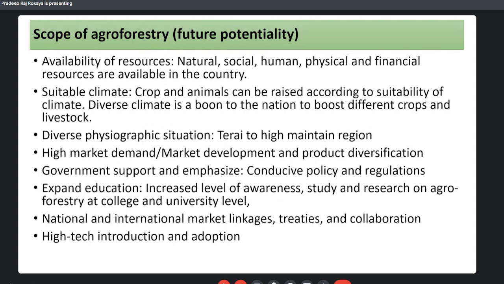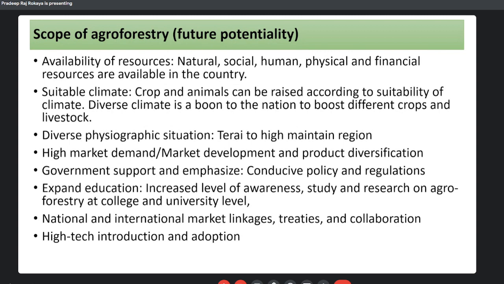High-tech introduction and adoption. We have various technologies now introduced in Nepal, and we can use those new and innovative technologies in agroforestry systems. With the availability of innovative technology, the agroforestry system will be more innovative and more attractive.